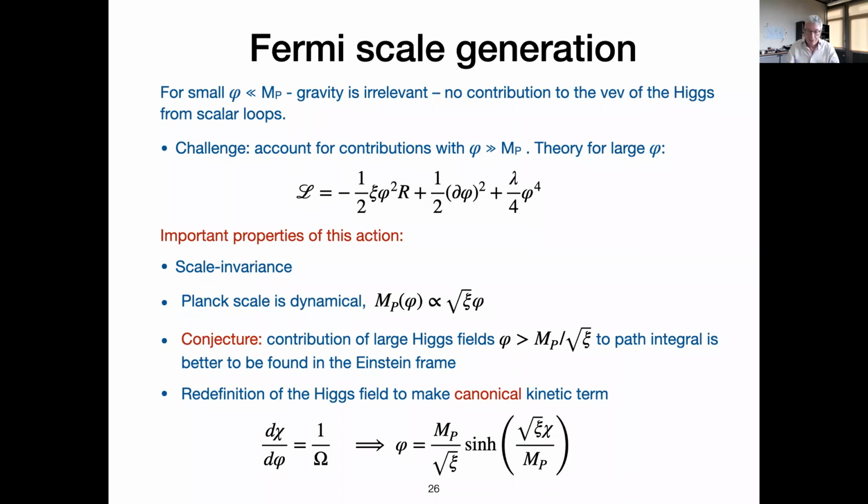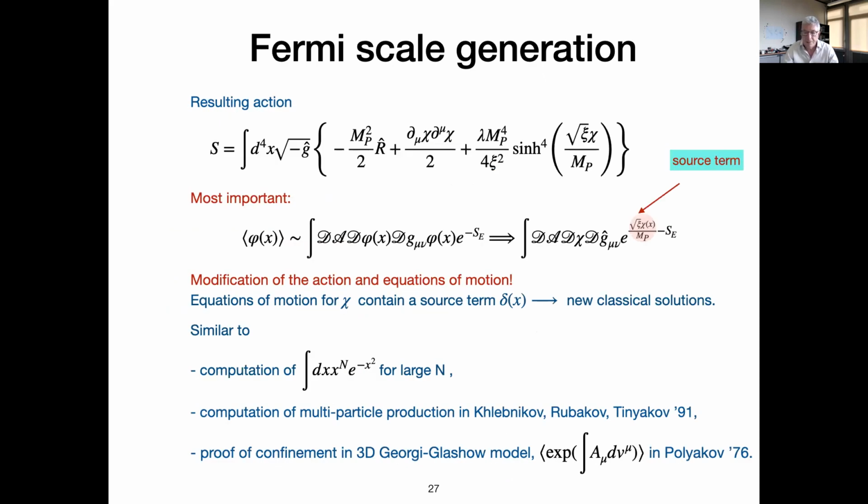This can be done easily with the initial Lagrangian. Here is the field transformation: phi is the original field, and chi is a new field which brings the system into the Einstein frame. Here is the resulting action. This is just the normal gravity action, this is the canonical kinetic term for the new field, and this is the potential.